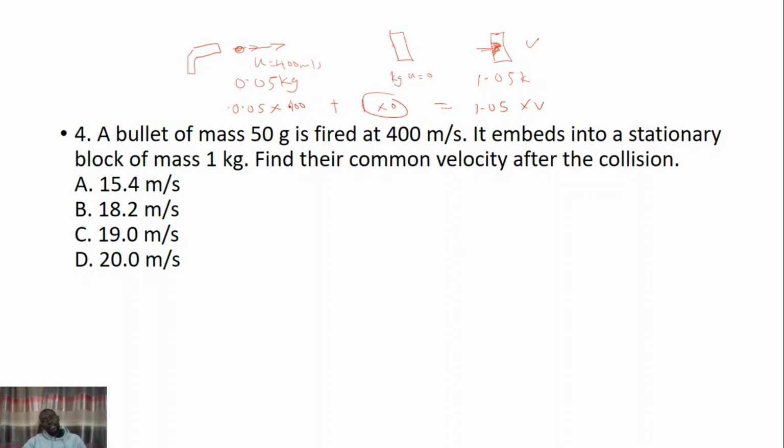So from here, 0.05 times 400 is equal to 20, and it is equal to 1.05 V. V will be equal to 20 divided by 1.05, right? And if you press your calculator, the answer is 19.05. So this is the answer, okay?